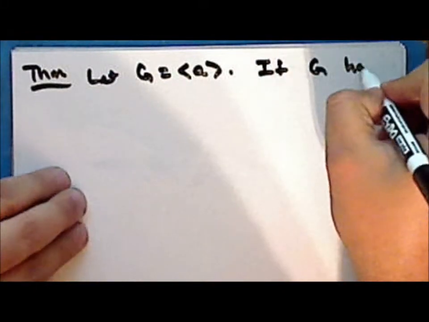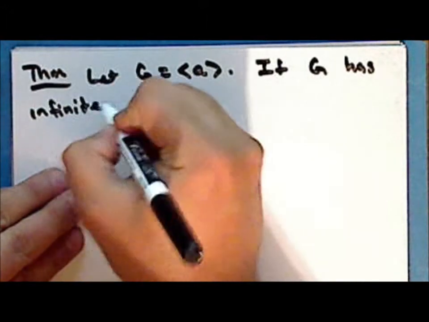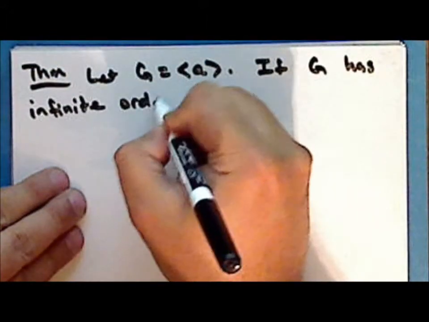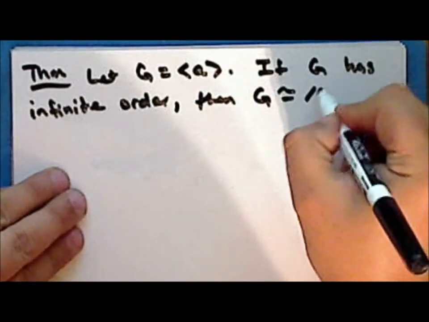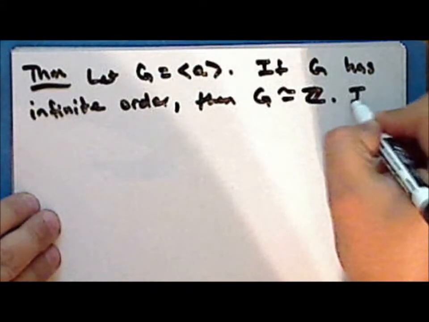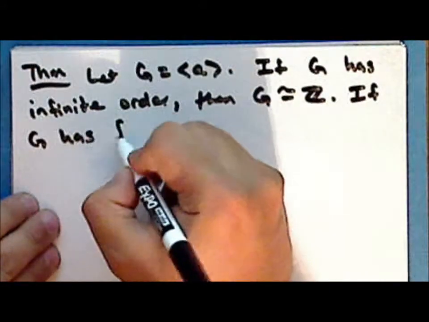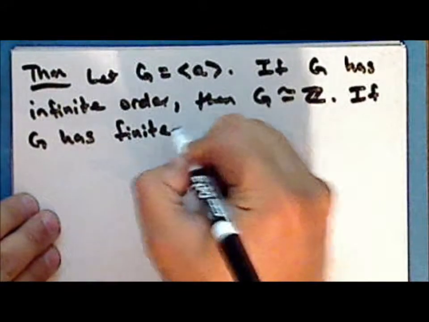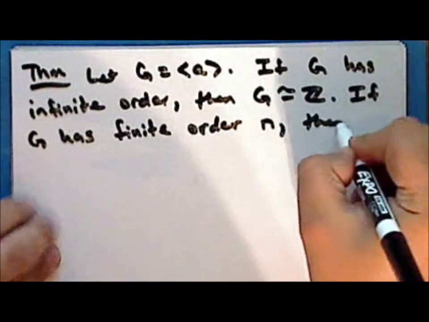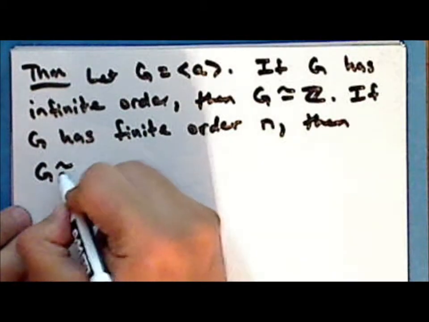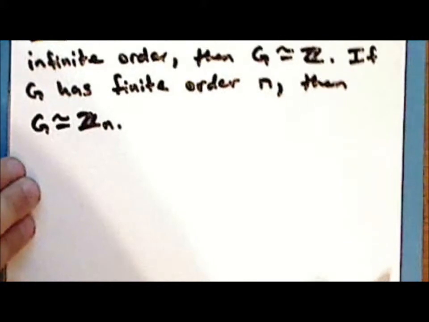If G has infinite order, then G is isomorphic to the integers under addition. And if G has finite order n, then G is isomorphic to the integers modulo n under addition modulo n.